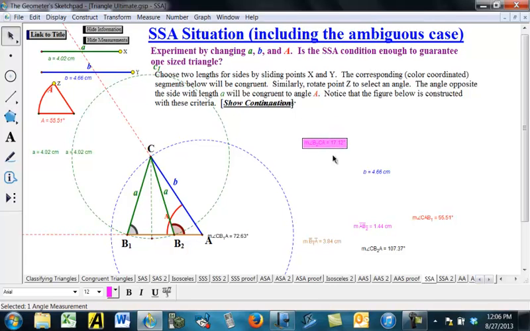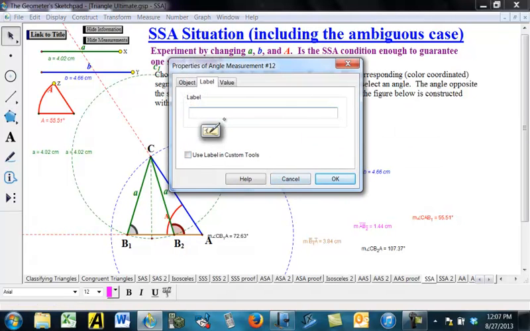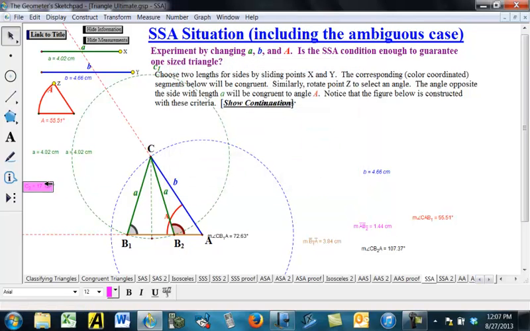This is angle C; we'll call it C2. That's the angle up here at the top, this little angle right there, C2. So A and B are the same in both places, but C is different.